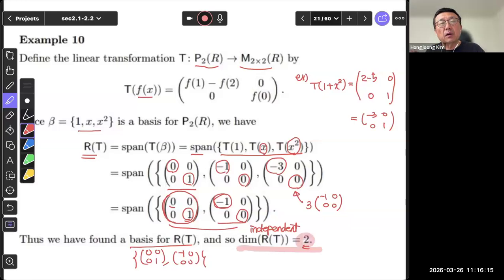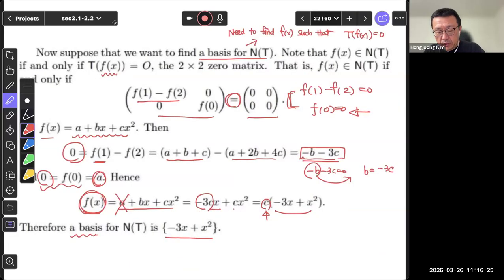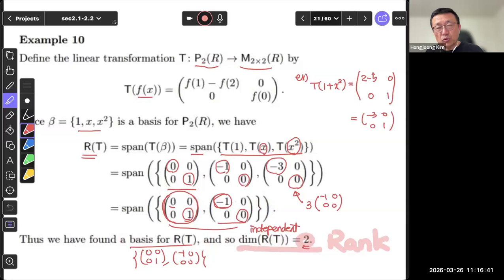So that is the rank. What was the nullity? The dimension of the null space is 1. So that is the nullity. Nullity is 1. Rank is 2.